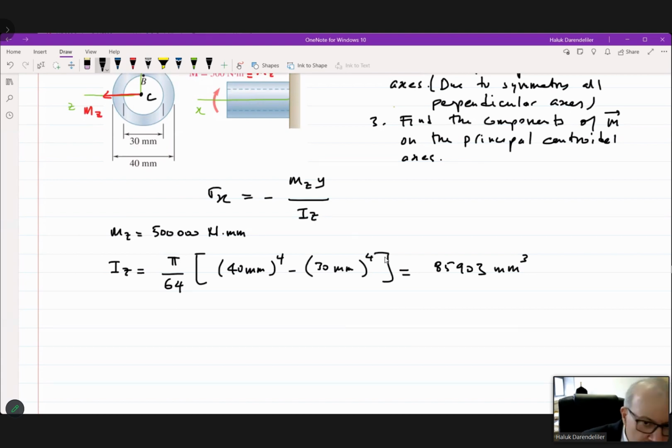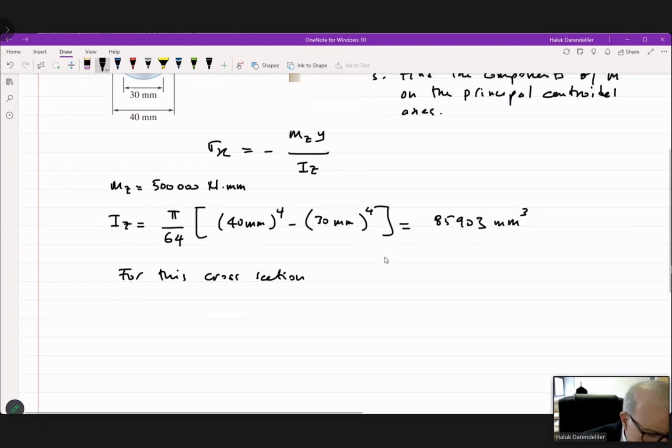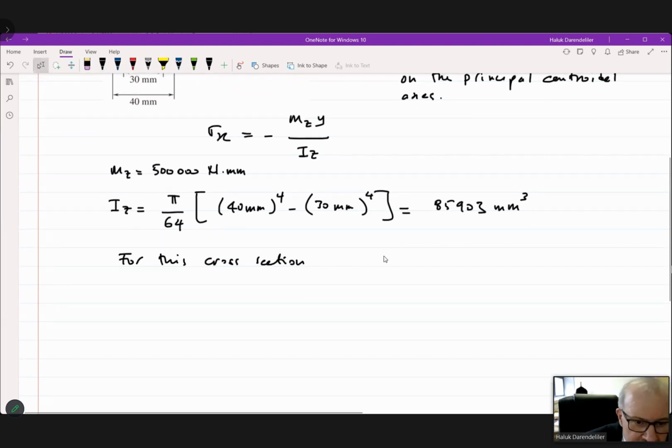So, therefore, for this cross section, my equation is this. Sigma x is equal to minus mz, 500,000 newton millimeters, times y.